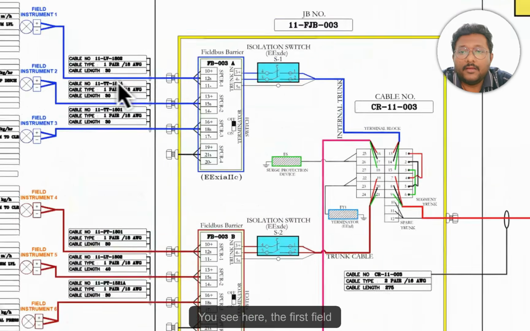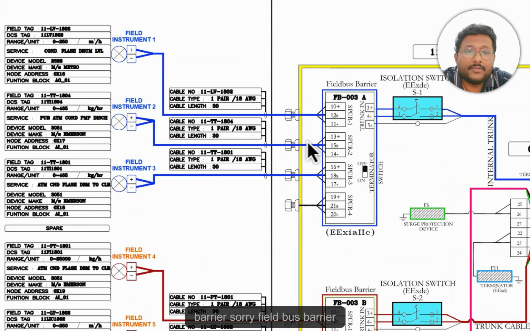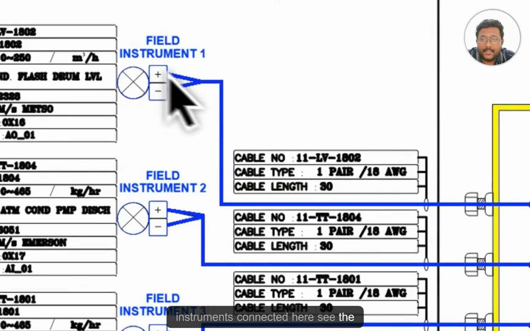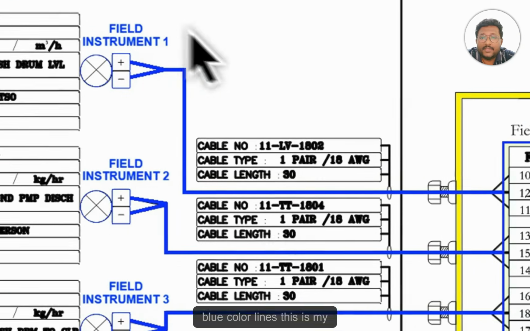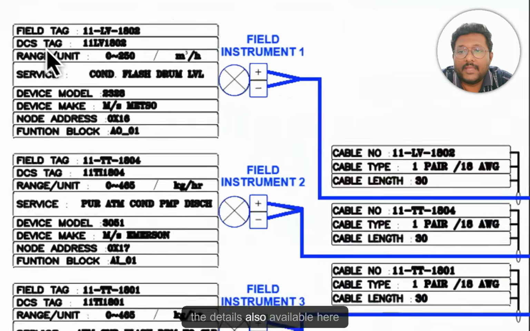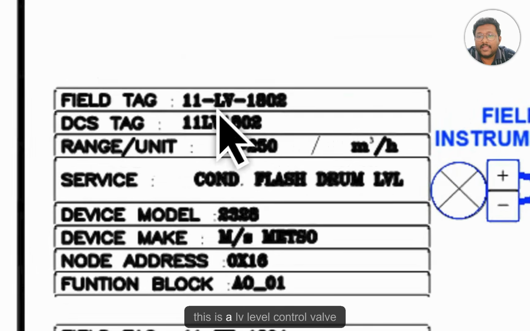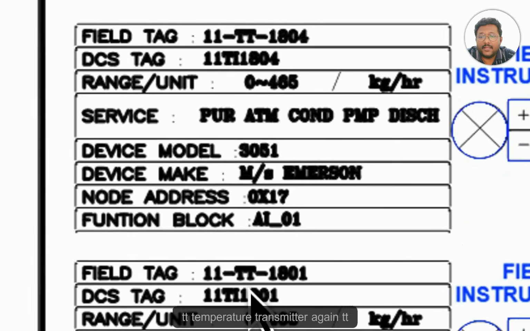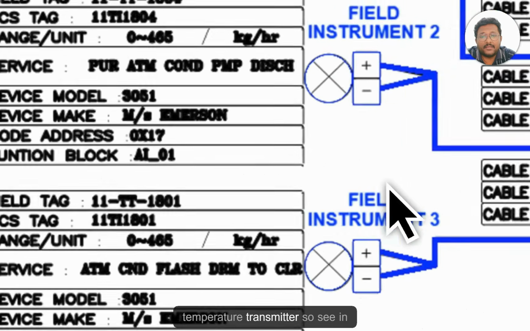If you see here, the first field bus barrier, just consider the field barrier as field bus barrier. In this field bus barrier, we have three instruments connected. See the blue color lines. This is my instrument number 1, 2, 3, and the details are also available here. This is an LV, level control valve, TT, temperature transmitter, again TT, temperature transmitter.